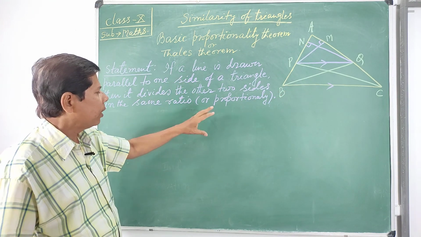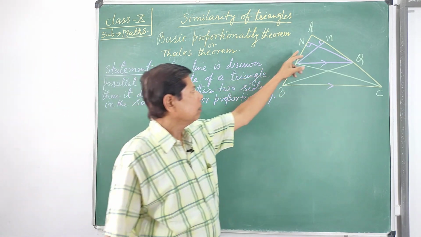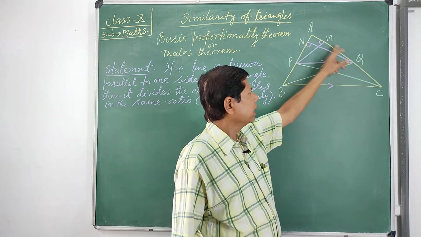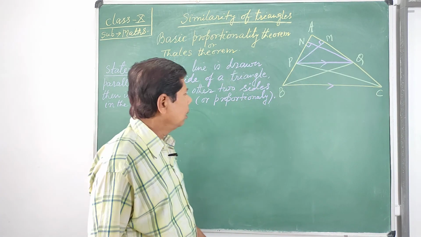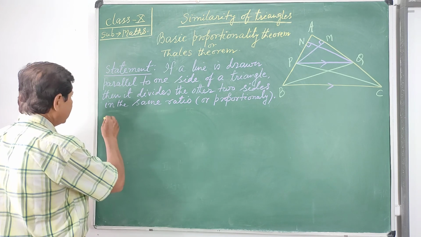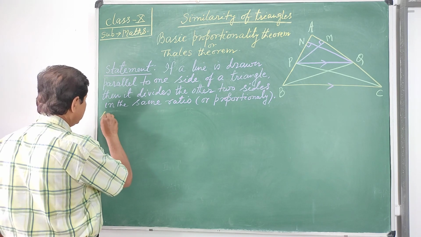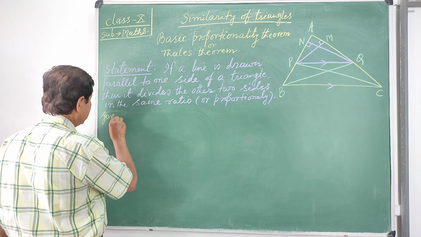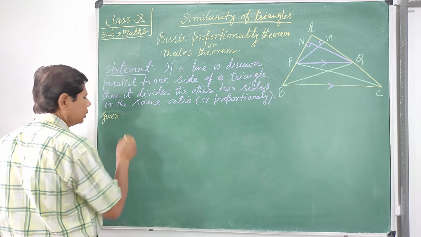So what is required to prove is AB by PB equal to AQ by QC. Let us state all the steps and then we'll prove the theorem.